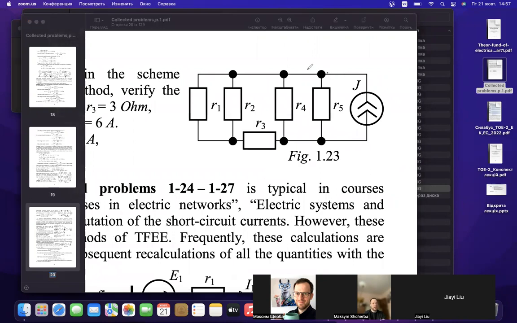You could choose the current direction, for example, like this, or for some reason you could choose the opposite direction.